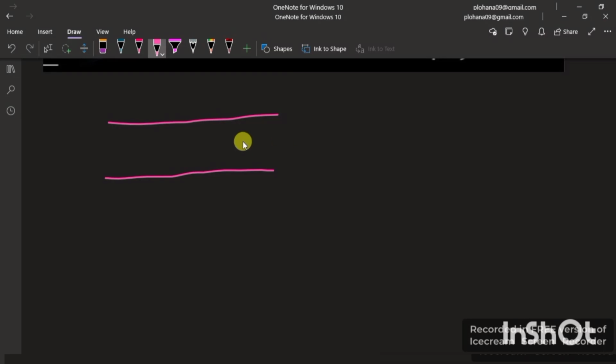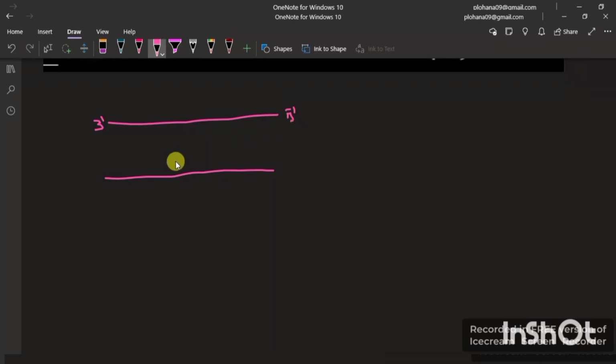Here we have a gene which is a structural gene. Here I'm going to write the 3' end, and here I have the 5' end.